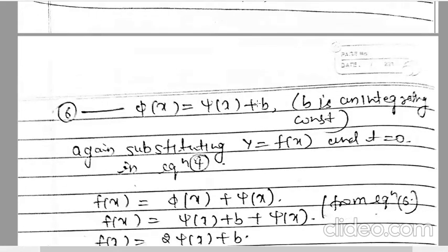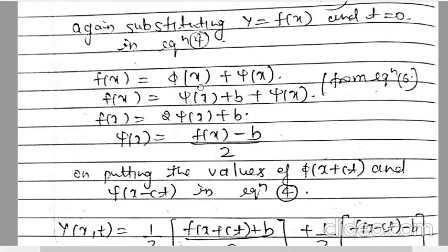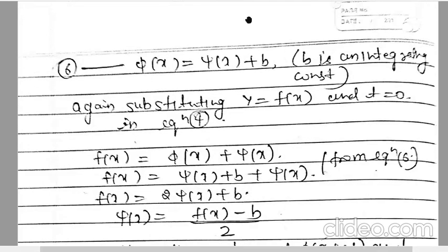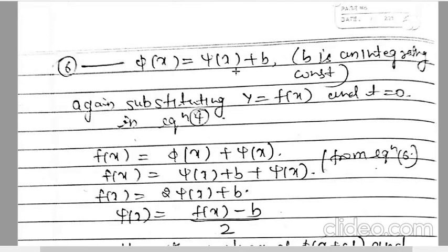So we are getting f(x) is equal to φ(x) plus ψ(x), right? Now we are getting φ(x) is equal to ψ(x) plus b, so just put this value here. So from equation 6, f(x) is equal to ψ(x) plus b plus ψ(x), so f(x) is equal to 2ψ(x) plus b.